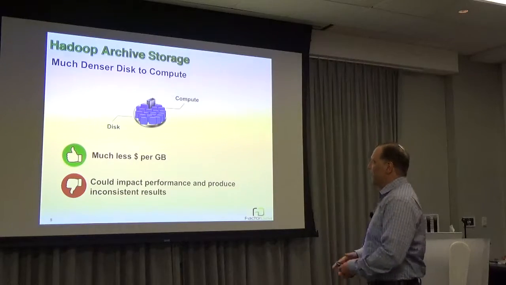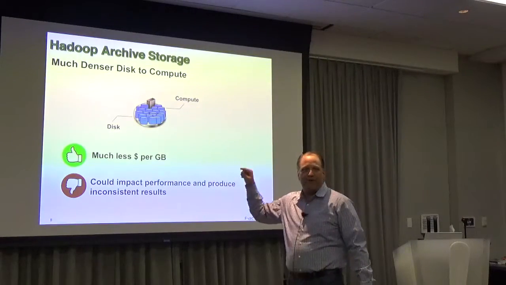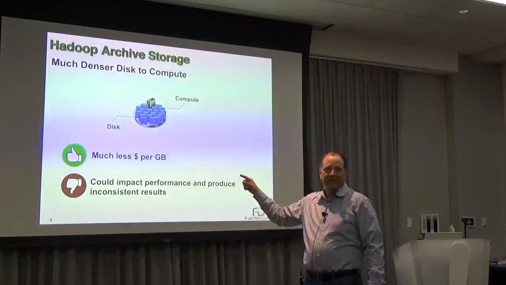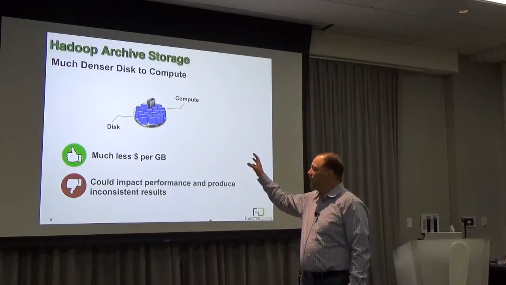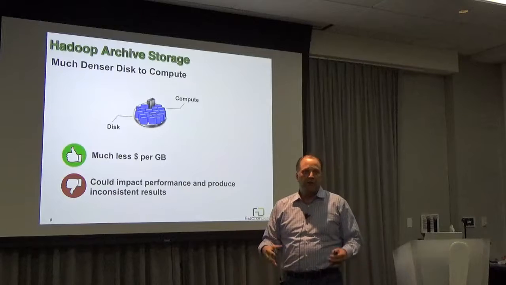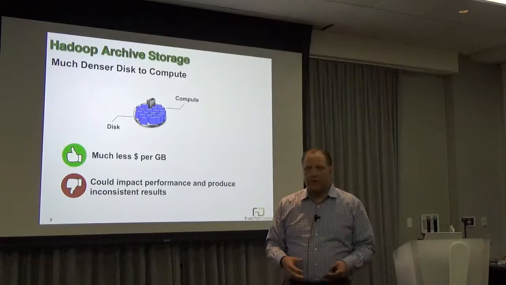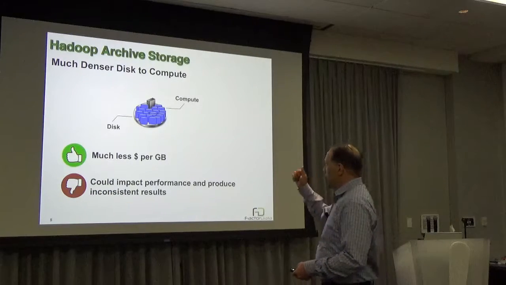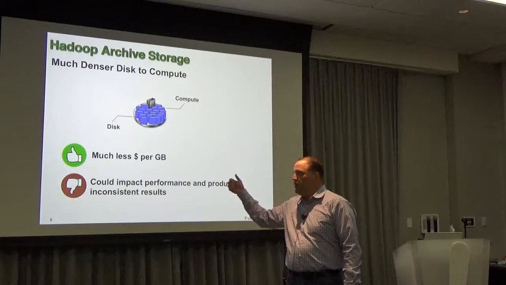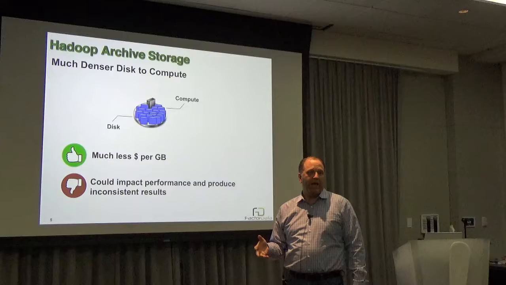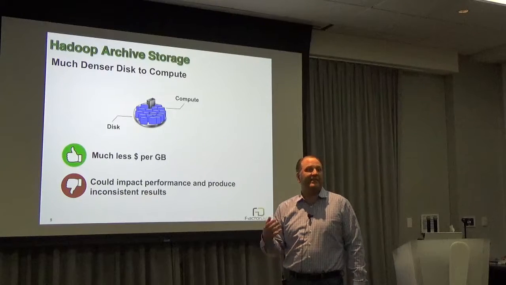So you have to make sure, if you're doing this, that you have the right data on that denser platform, because you're going to have much more limited compute resources for that capacity. So you have to be very careful. It's very good in terms of the cost when you're doing those dense nodes, but it can really severely impact the performance of your jobs and the consistency of your jobs.